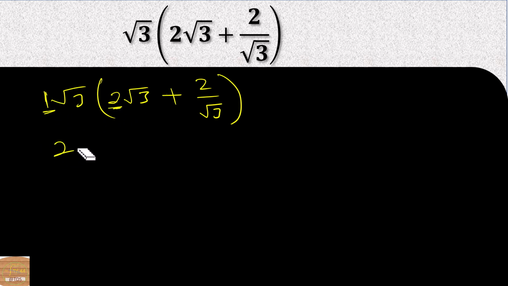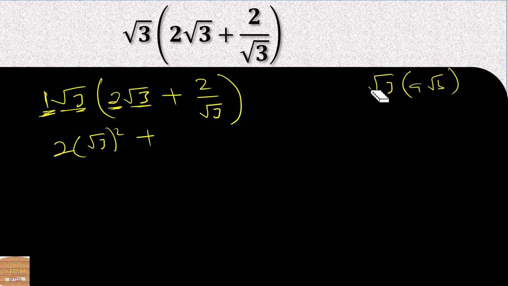Then this one also takes this, so we have root 3 all squared. Okay, plus again the coefficient here is 1, 1 times 2 is 2. It's like saying root 3 times 2b, so 1 will take this.